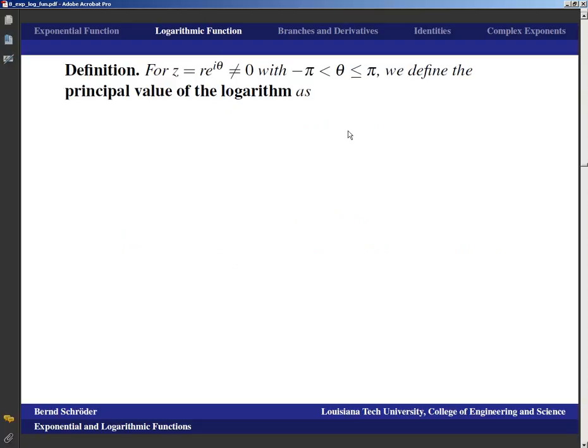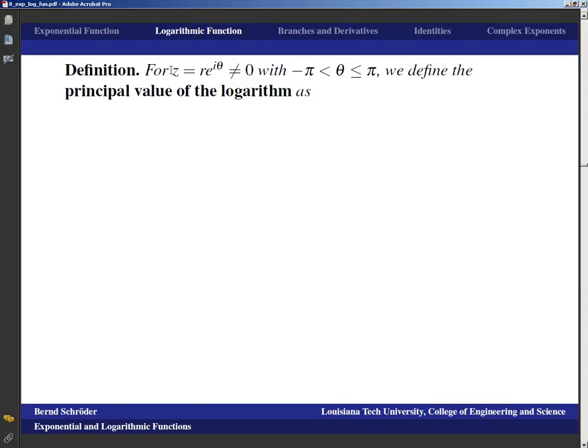Well, we know that from the real line, we typically would like to work with functions that assume only one value. That's why the square root of a real number is defined as the unique positive real number whose square is the number underneath the root. And so similarly, we'd like to define a principal value of the logarithm.